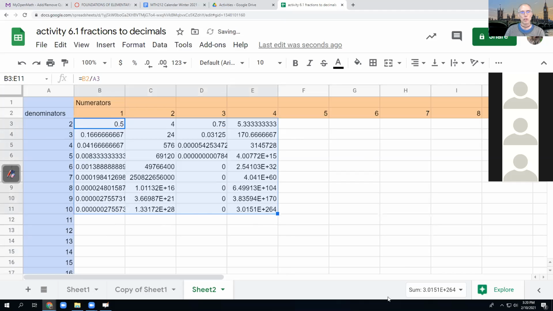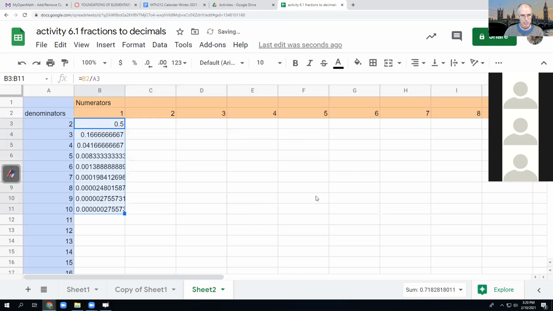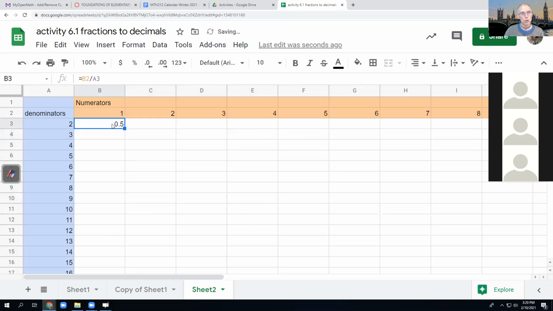Okay, so that's all broken. That's a mess. That is not what those fractions should look like as decimals. So I messed up and I realized, oh, it needs to know that the numerators are only in row 2 and the denominators are only in column A. So we have to fix those like that. And then from there, you can fill it any direction.